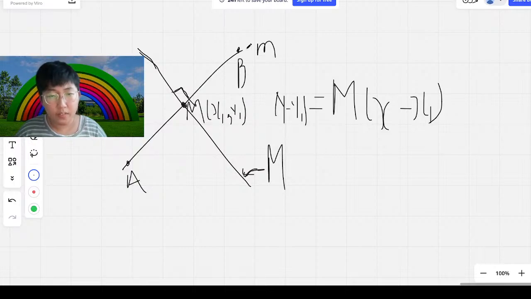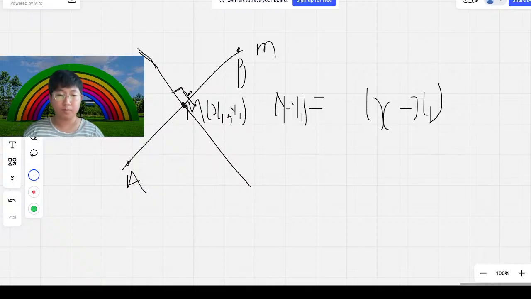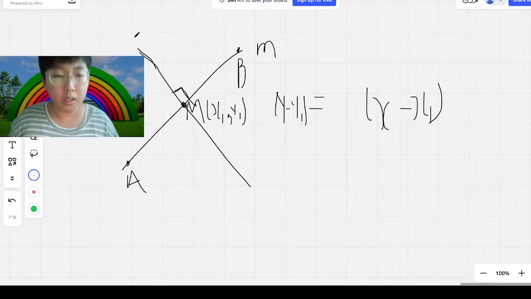But then we're given the gradient of AB. We are not given what big M is. We want to learn how to find the gradient of this when it's perpendicular. Well, what do we know?